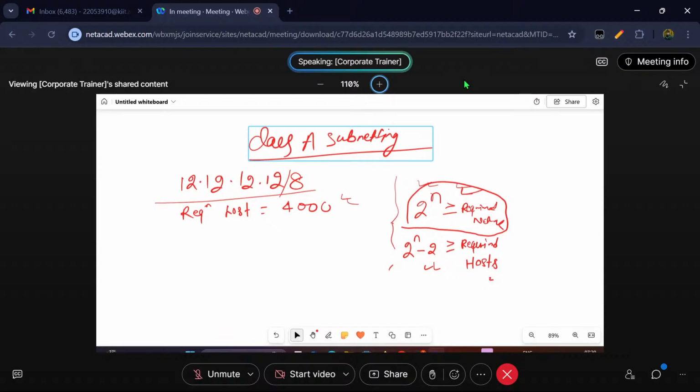Second, what is your magic number. The third is the subnet 0. First you have to write subnet 0 and the last subnet, I mean whatever subnet you are getting will be your last subnet ID. And how many total subnets you can create, that also you have to mention in the chat. Let's go ahead.